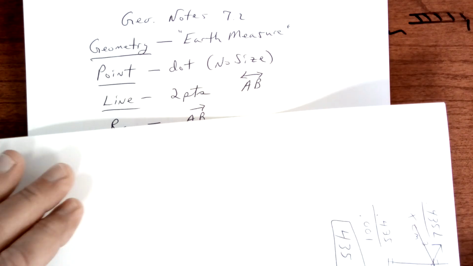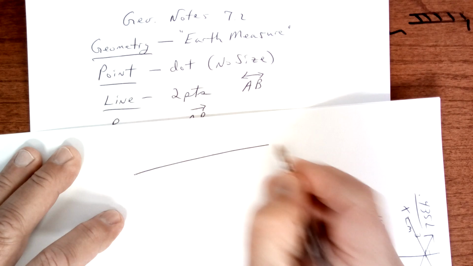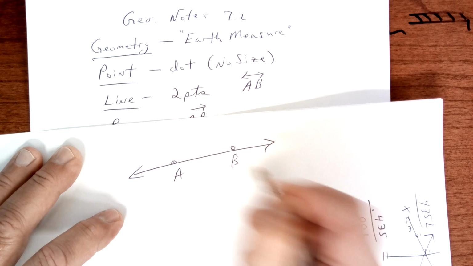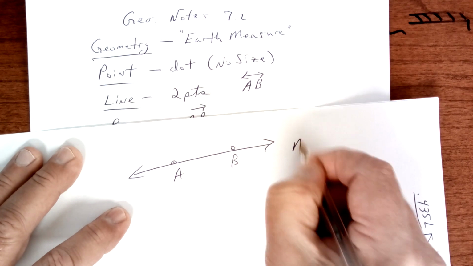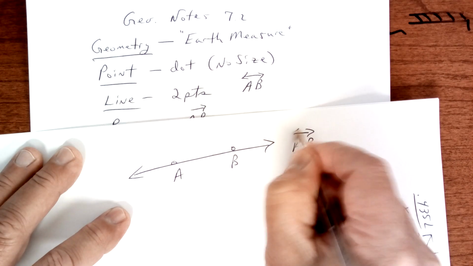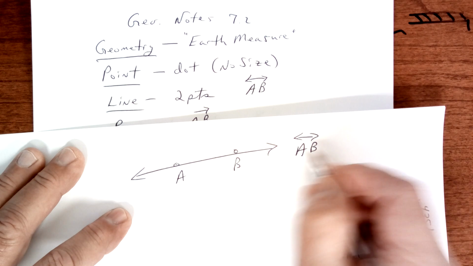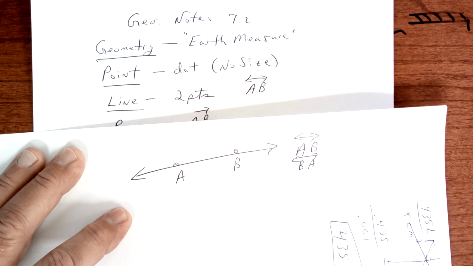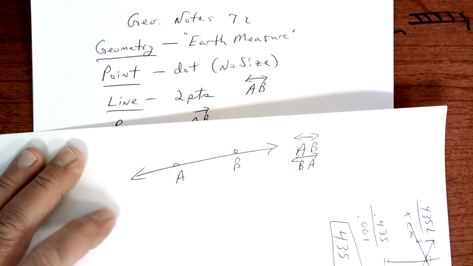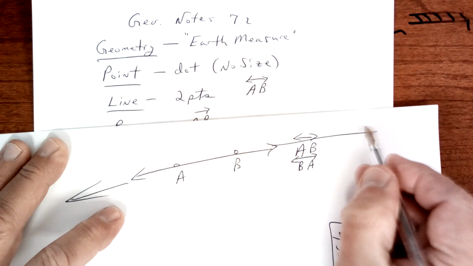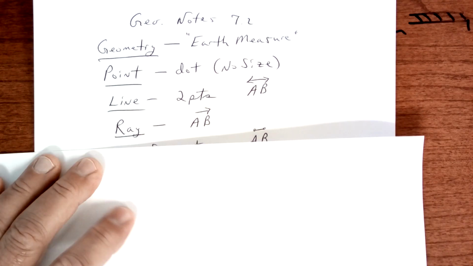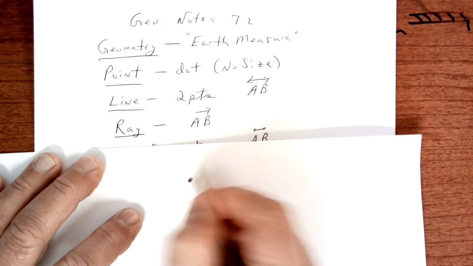This one, a line, you can write it two ways. So if this is line AB, you could say line AB, and you got to put arrows on it. Okay? Or you could name it line BA. Doesn't matter. It's still the same line. And a line goes on forever. Okay, a ray, on the other hand, starts at one point and it goes in one direction.